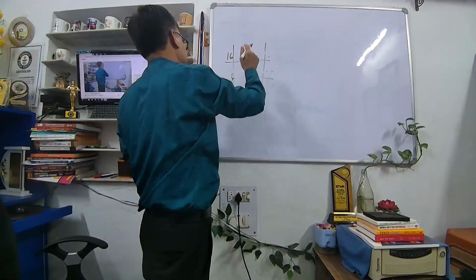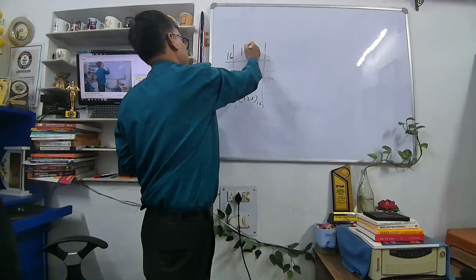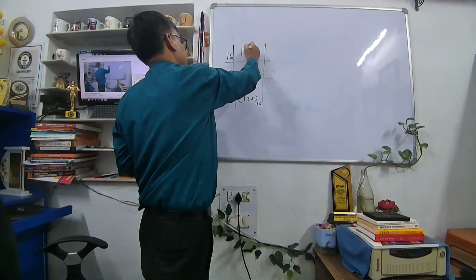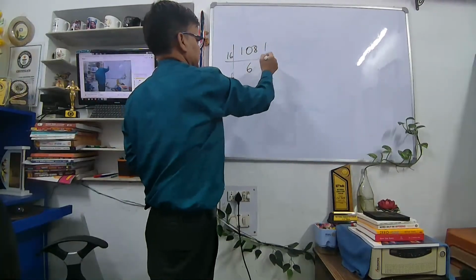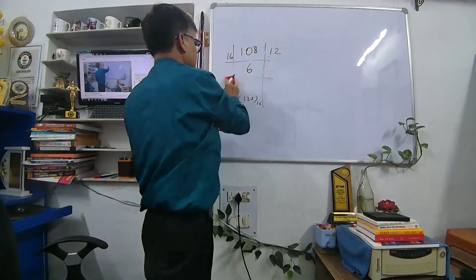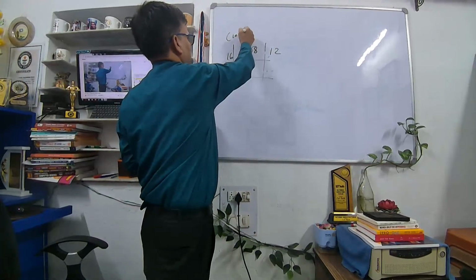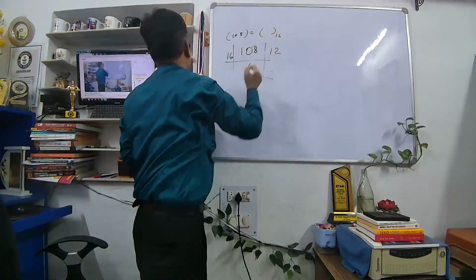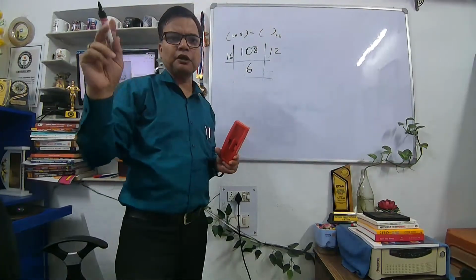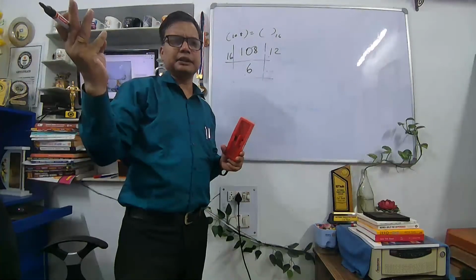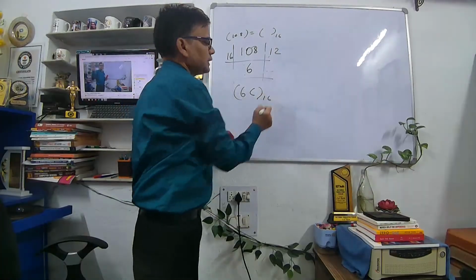I'm taking 108. 16 6s are 96, remainder is 12. Now 108 in decimal I have to convert to hexadecimal. 16 6s are 96, and the remainder is 12. 12 stands for A B C, 10, 11, 12, it is C. So it will be 6C. That will be the hexadecimal equivalent.